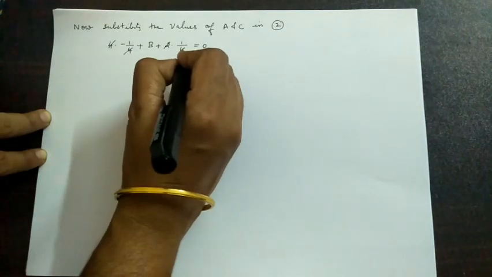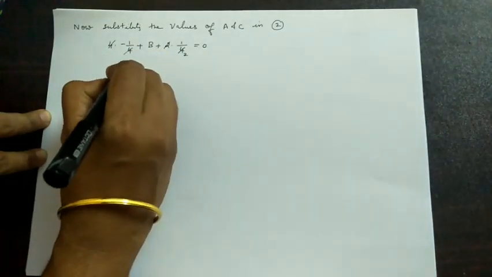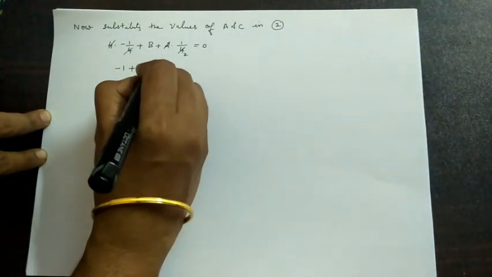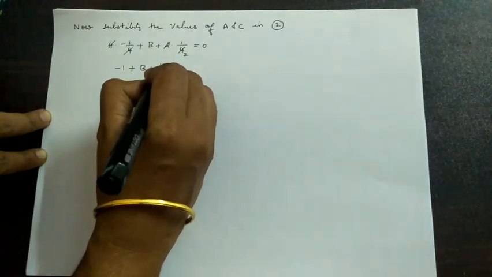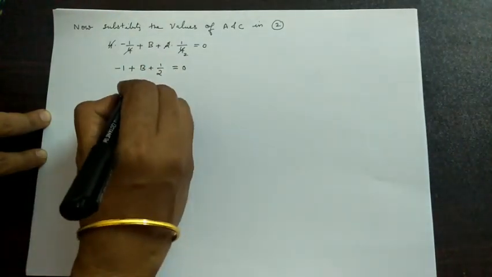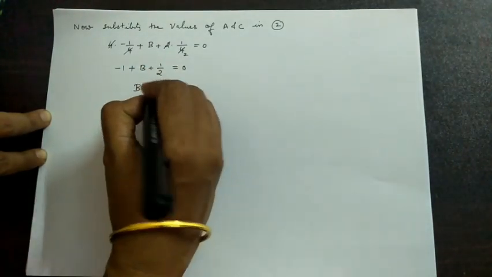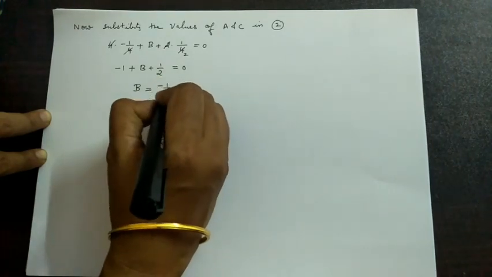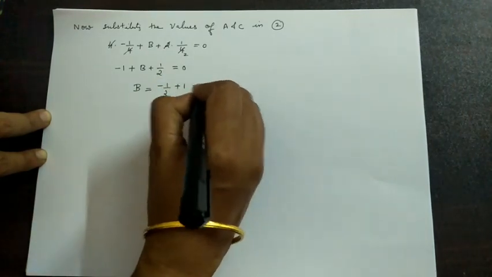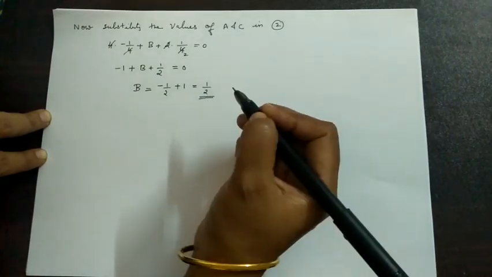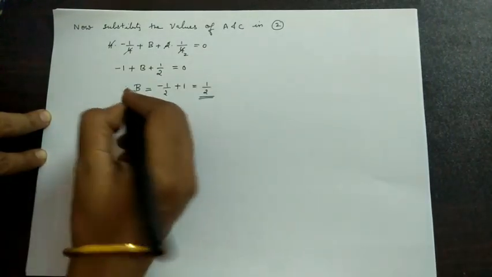From 2 and 4 we have 2 here. So minus 1 plus b plus 1 by 2 equal to 0. This gives b equal to minus 1 by 2 plus 1, that is equal to 1 by 2. Therefore, we have b equal to 1 by 2.